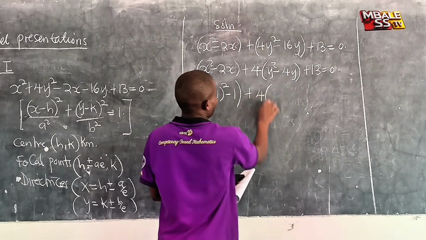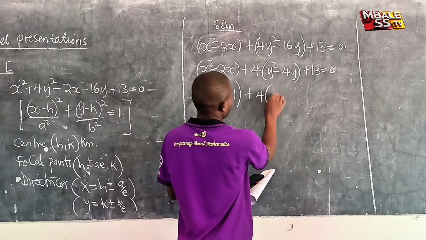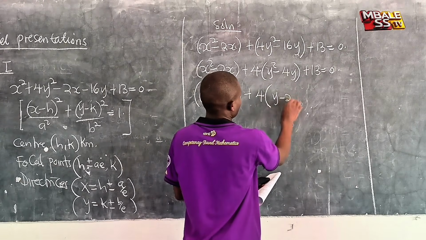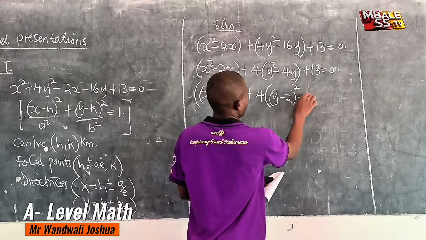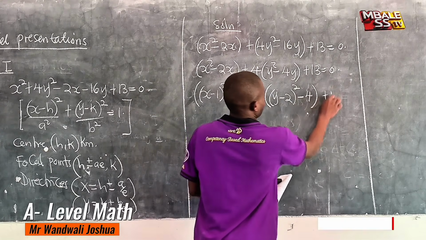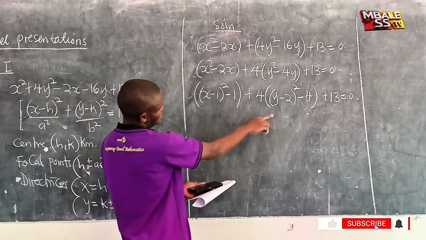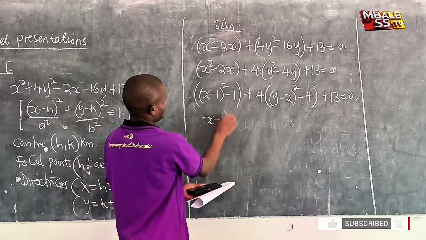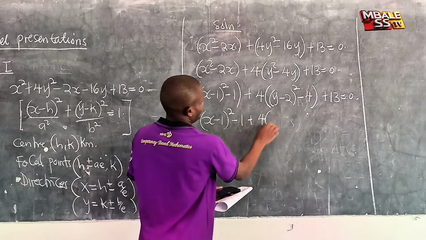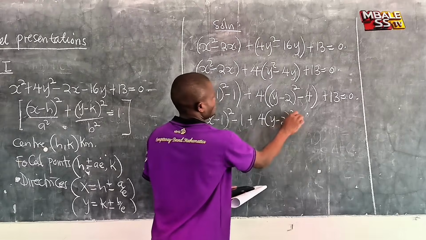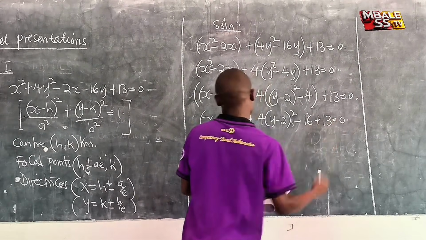So plus 4 into, using the same idea here, (y minus half of 4, which is 2) squared minus the square of this, which is 4. Then plus 13 equals 0. So when we work out the algebra, we have (x minus 1) squared minus 1 plus 4 times (y minus 2) squared minus 16 plus 13 equals 0.